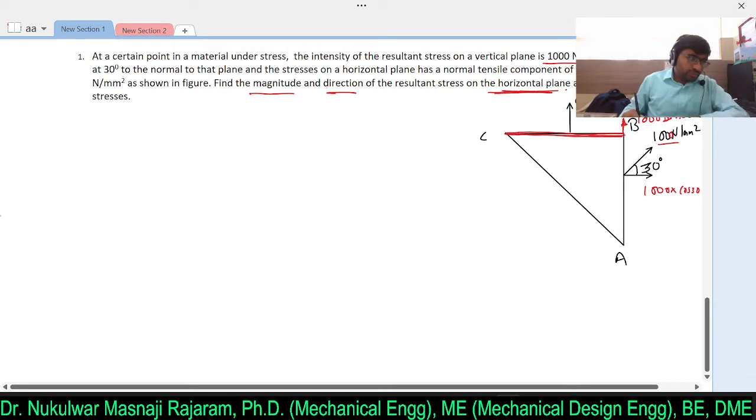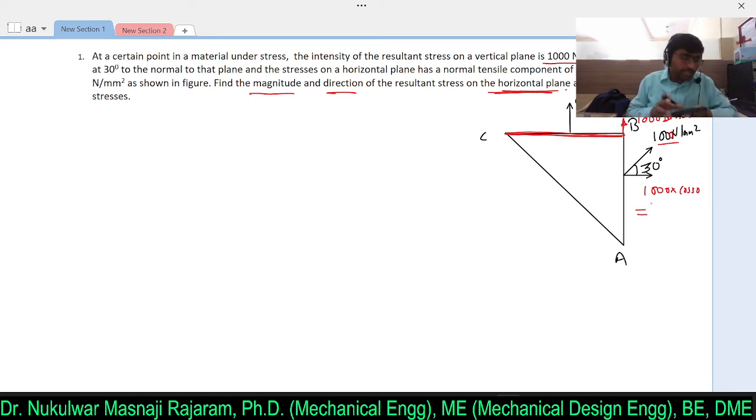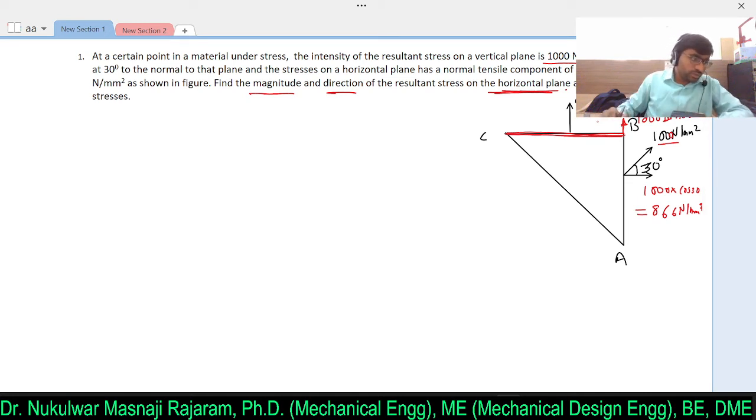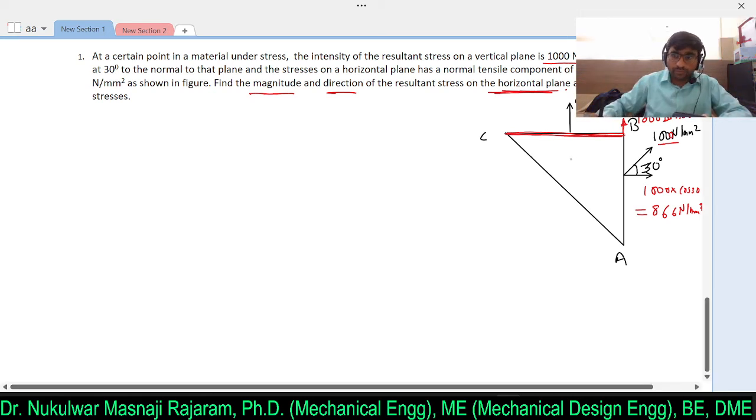So the normal component is 1000 into cos of 30, which is 866 Newton per mm square, clear. Now sine 30 into 1000 is 500 Newton per mm square, clear.